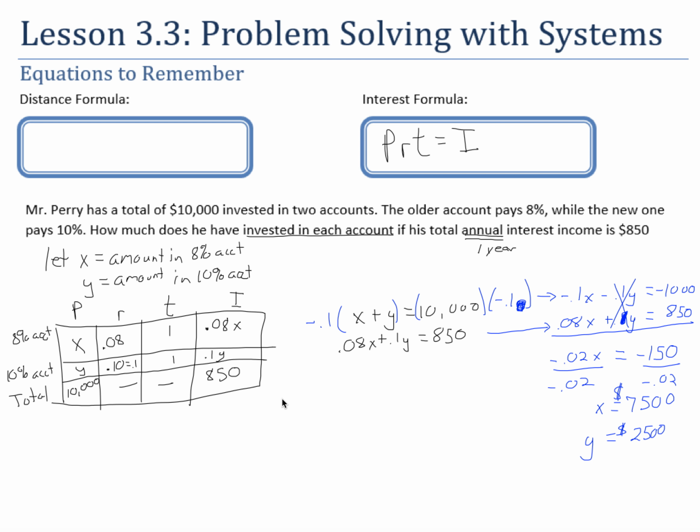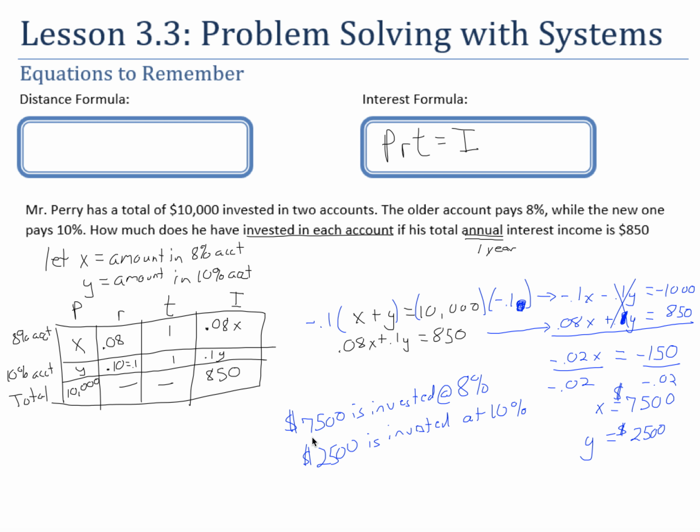I would like you to write this out so we're not just having x equals, y equals. So $7,500 is invested at 8%, and $2,500 is invested at 10%.